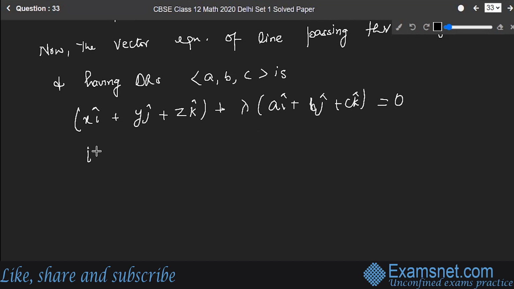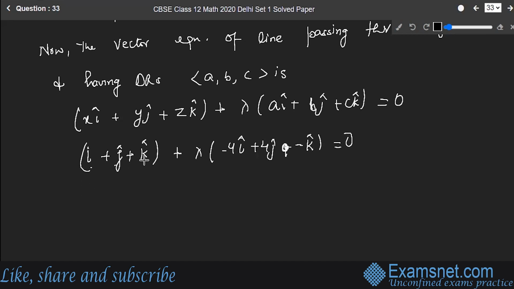This gives you i plus j plus k plus lambda into minus 4i plus 4j, sorry, this is minus, okay, the C was equal to minus k, right? So this is equal to minus k is equal to 0.